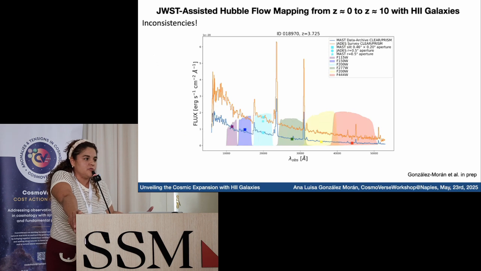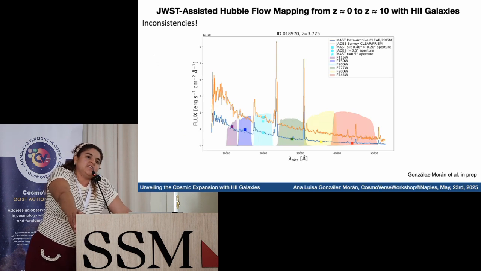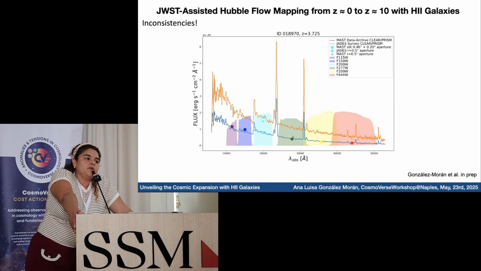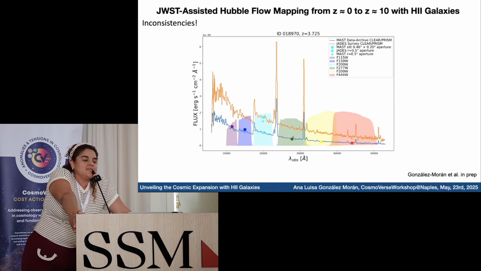For this reason, I started to do the photometry, and I see that when I perform the photometry using the slit from NIRSpec on the James Webb Space Telescope, the photometry that I am obtaining is in agreement with the MAST spectra. But when I correct the photometry for path loss, the results that I obtained are in agreement with JADES.